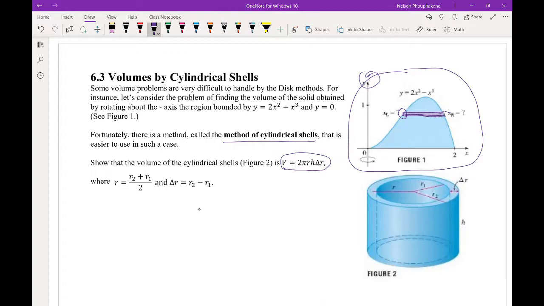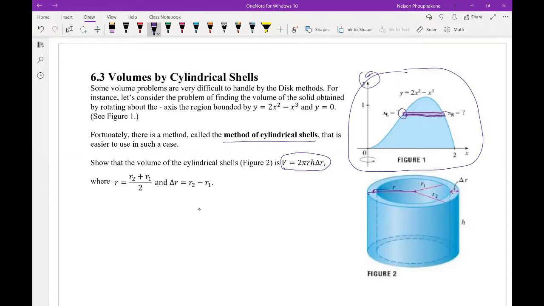R is the distance from here to here, the middle between R sub 1 and R sub 2. And delta R is the difference between R sub 2 minus R sub 1. And H basically is the height here.